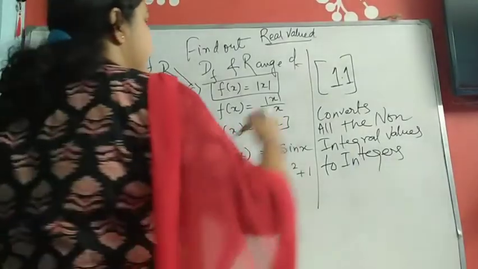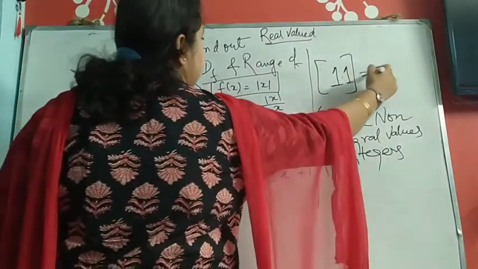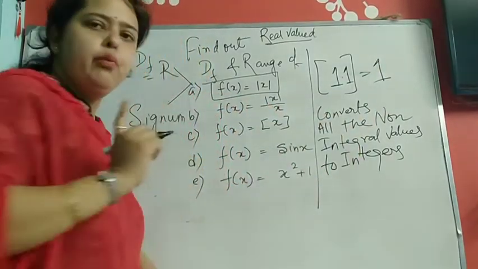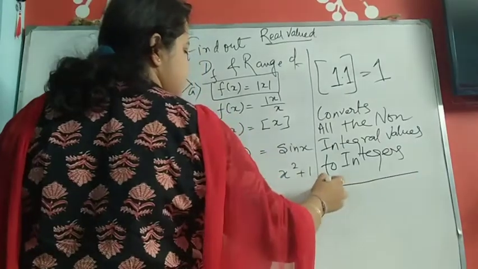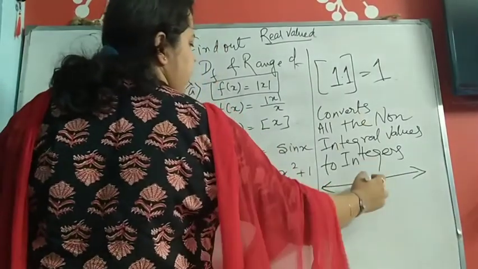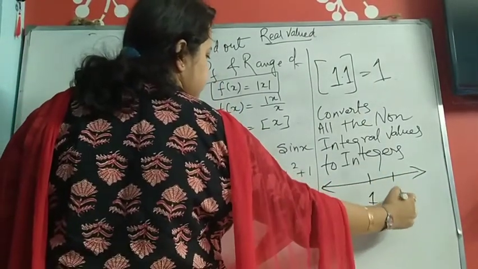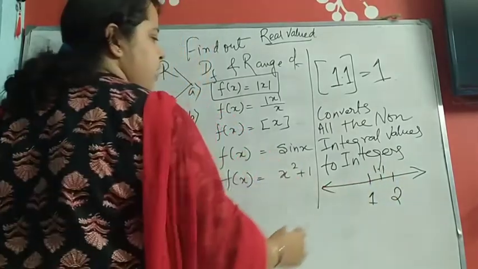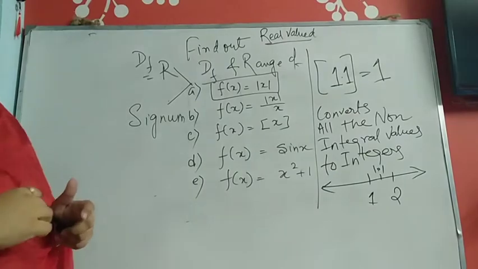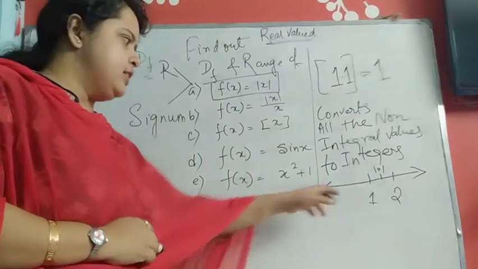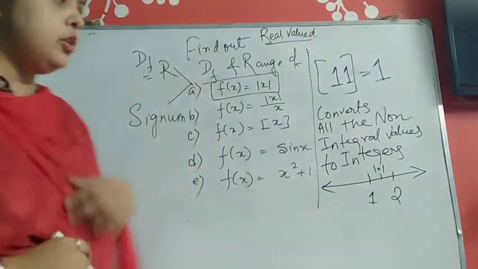Now, a very good question comes: what will be the value of this one? This will be 1. But why is it? The greatest integer function sees where 1.1 is lying. 1.1 is in between two integers, that is 1 and 2. Understood, children?